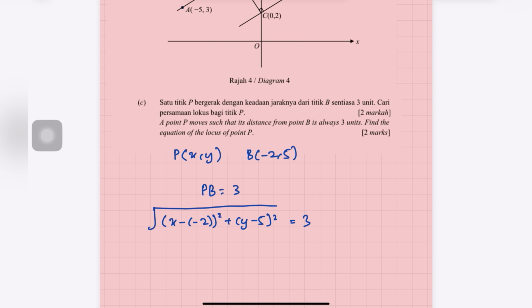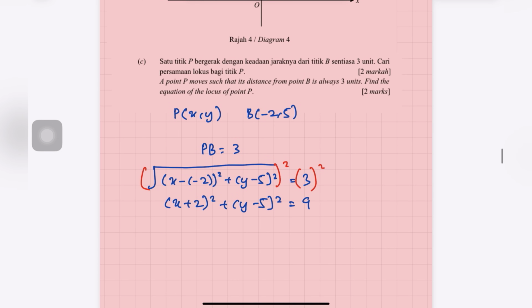Then to eliminate the square root, we have to square both sides. So this becomes x plus 2 squared plus y minus 5 squared equals 9. Then just simplify.